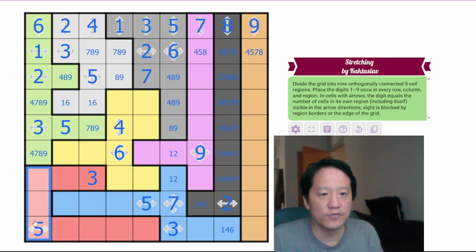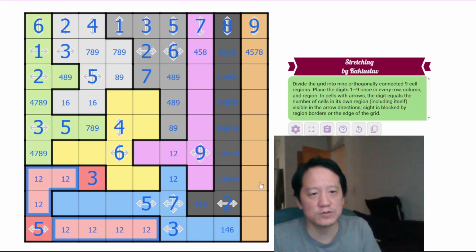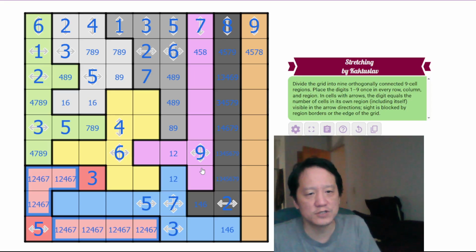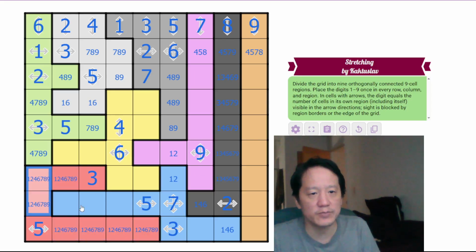We have remaining digits in the red region. We have 1, 2, 4, 6, 7, 8, and 9. This can't be 1 or 2. This can't be 2 here or here.